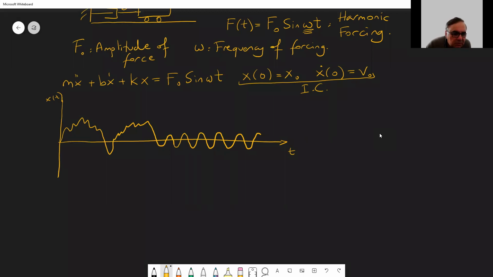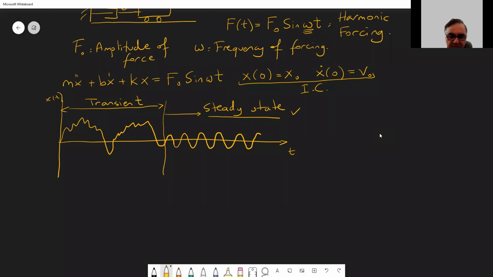So there are two phases. In the first phase, the initial conditions have an effect. This region is called the transient region. And this region is called the steady state region.